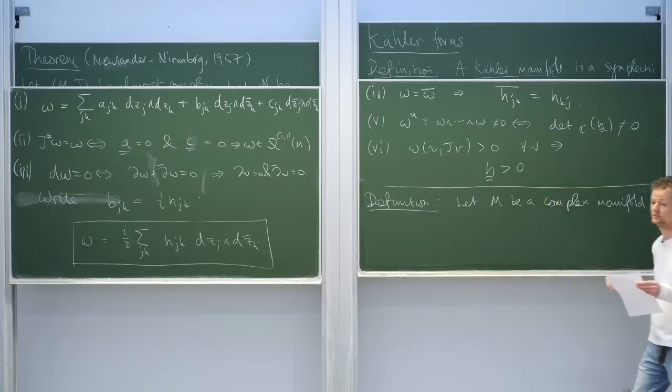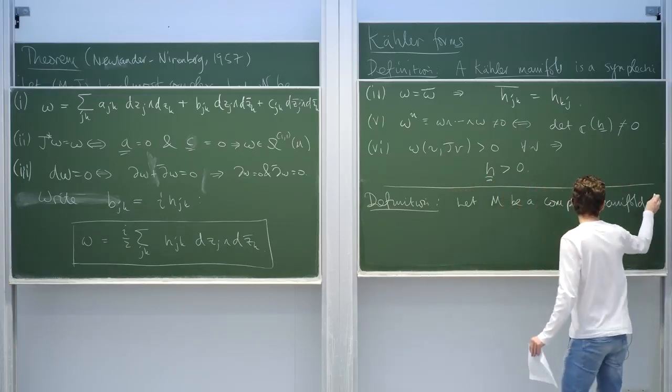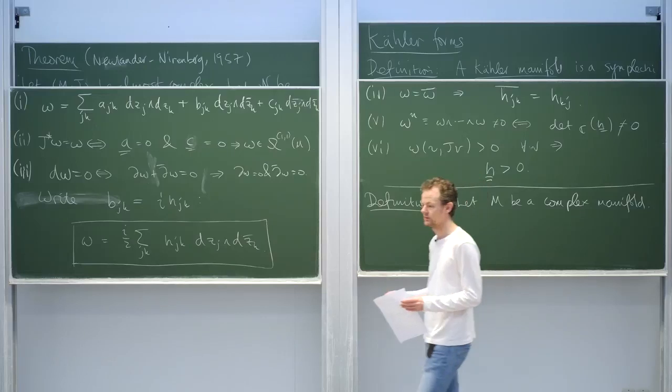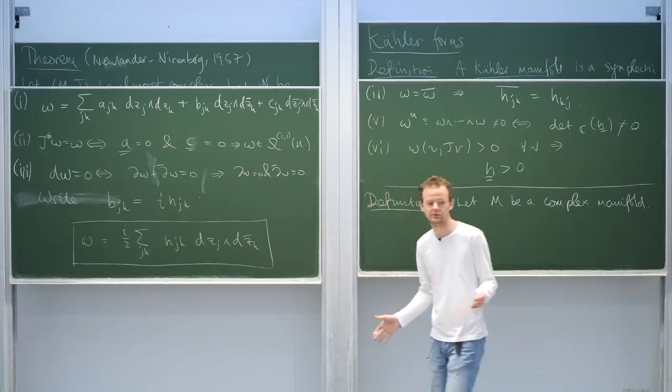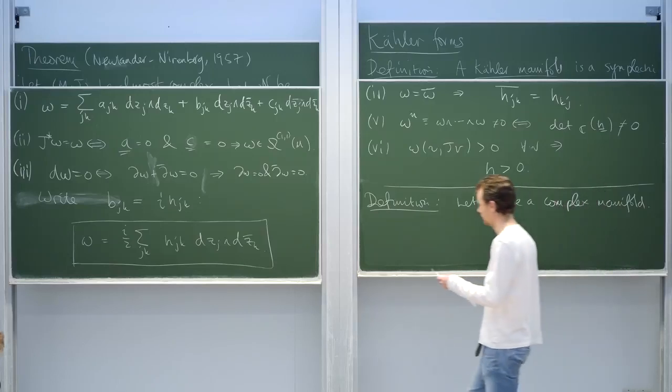Actually, we can simplify things even a bit more. So a Kähler manifold is a complex manifold with a Kähler 2 form on it. How can we construct Kähler 2 forms? Well, here's a nice way.